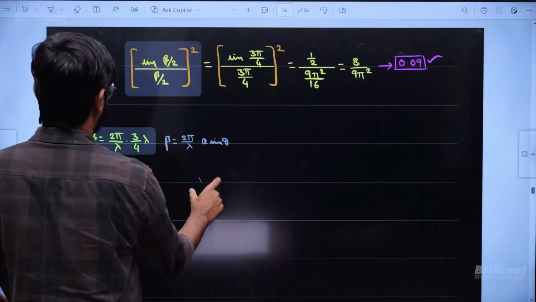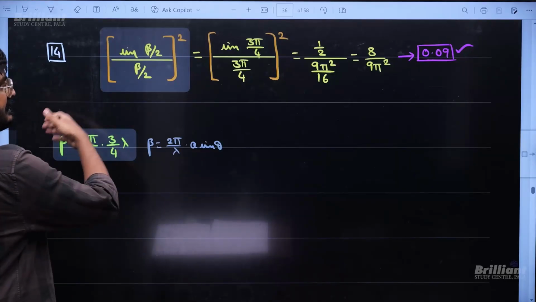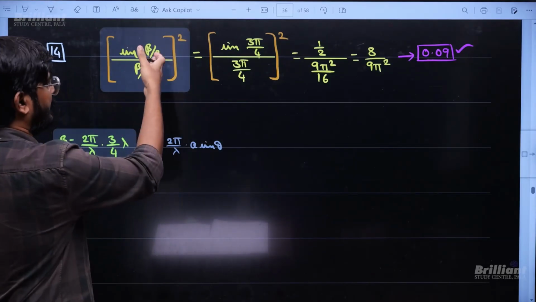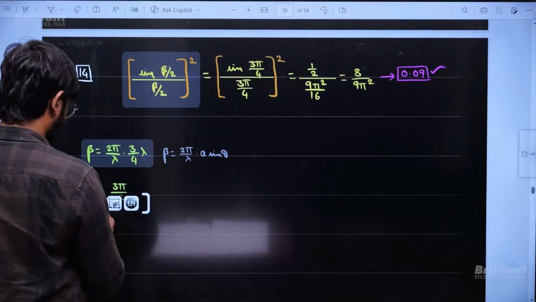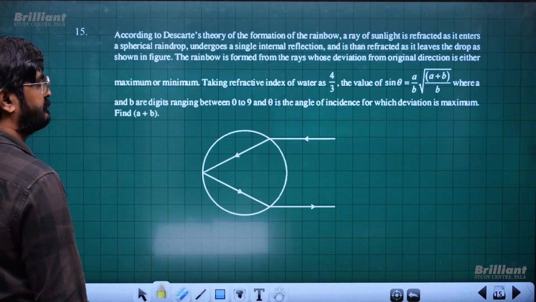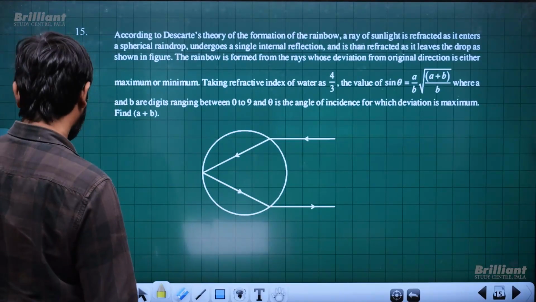Then the beta value is going to be 3 pi by 2, then the intensity ratio will be (sin(beta/2) by beta/2) squared. The beta value we calculated, you just need to substitute and get the value. So they were asking about some deviation maximum.